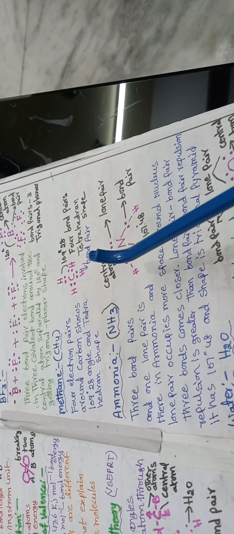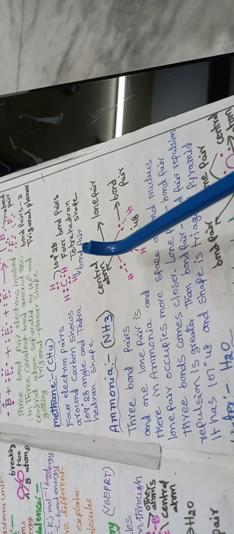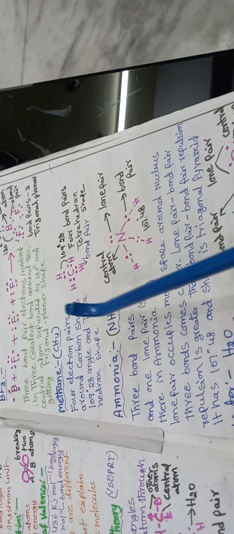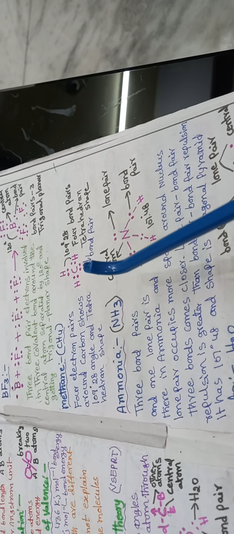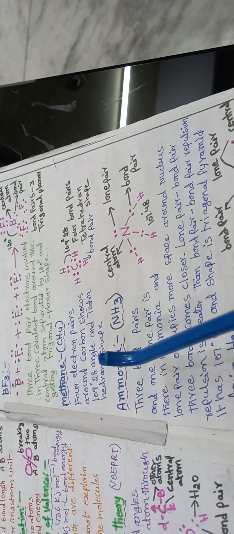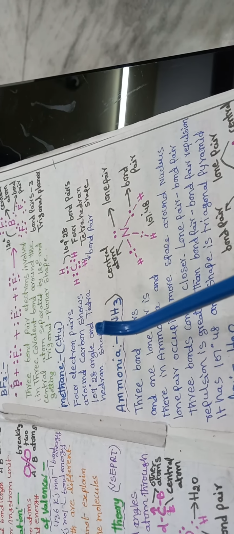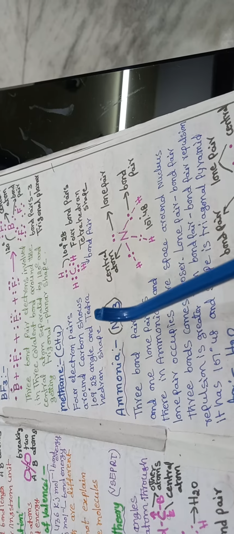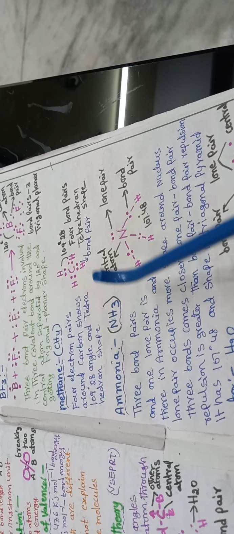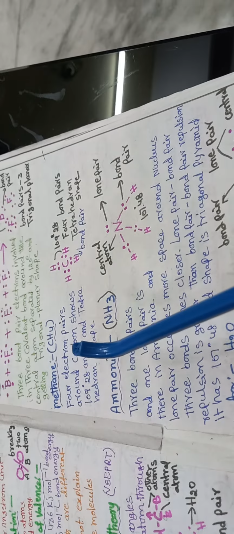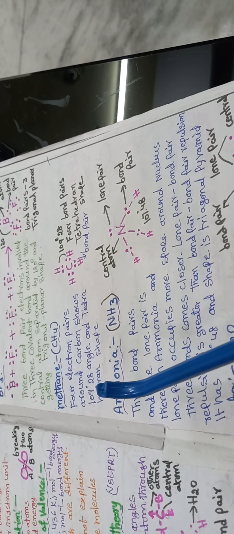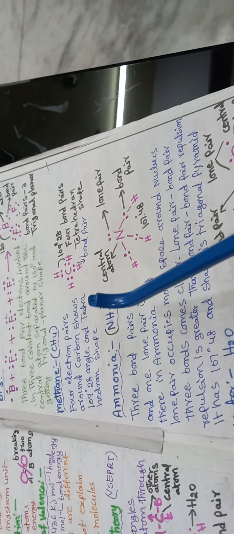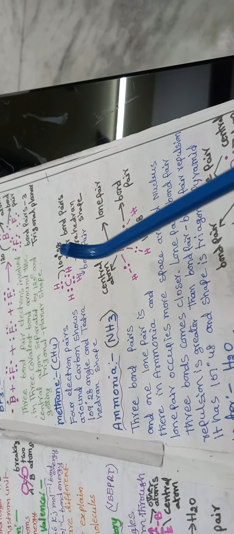So 4 bond pairs form the tetrahedron shape. Between these two elements we can see the 109.28 degree angle and tetrahedron shape. So 4 electron pairs around carbon show a 109.28 degree angle and tetrahedron shape.